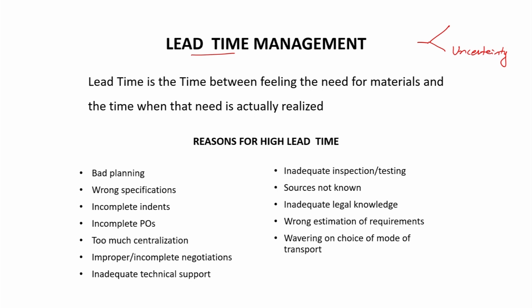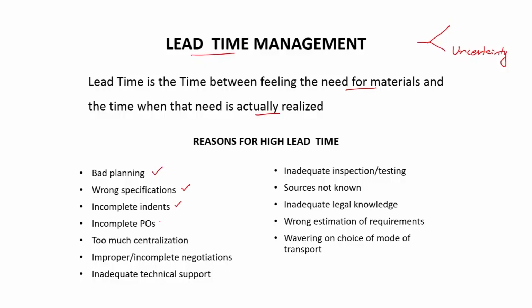So, what are the reasons for high lead time? The lead time is the time between feeling the need for material, that means placing an order, and receiving the actual material. It can be due to bad planning, wrong specifications, a lot of queries, or an indent that is not clear, where your requirement is not understood by the purchase department.